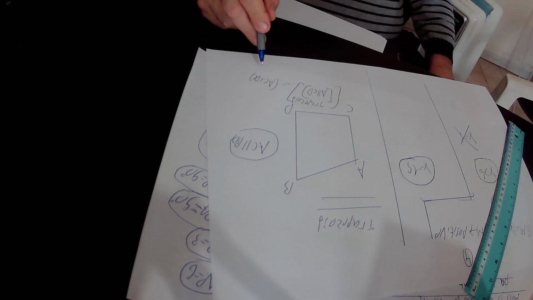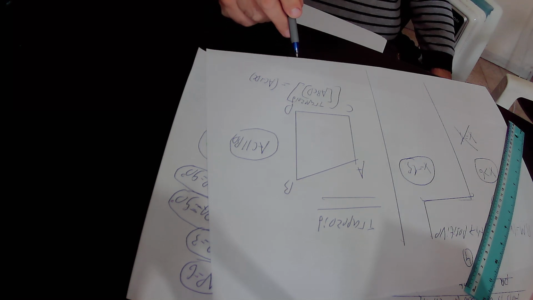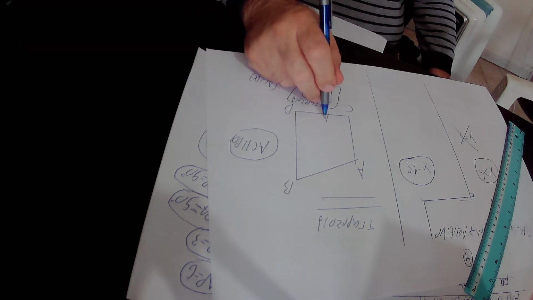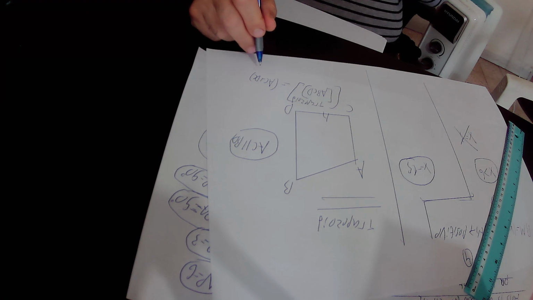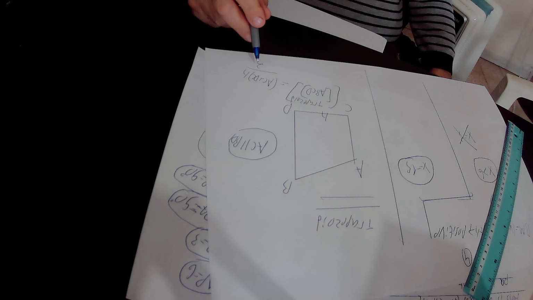So it is the sum of its bases, AC plus BD, times the height. The height is DC, so we define the height DC as H, over 2. Okay, so the area of any trapezoid equals the sum of its bases times the height over 2.